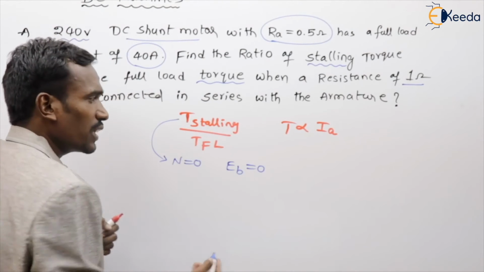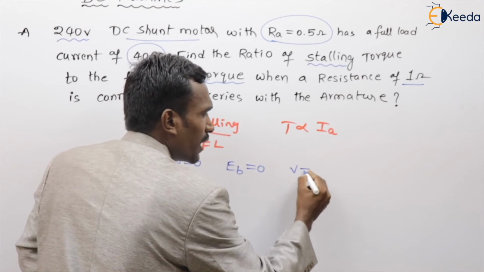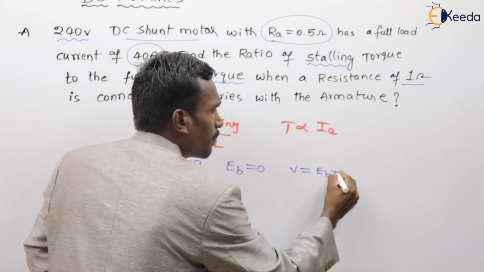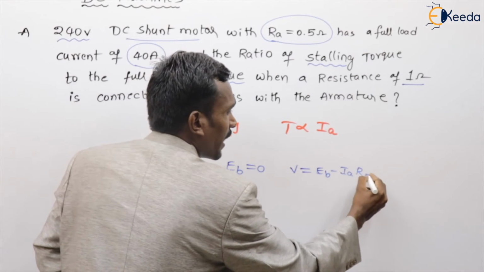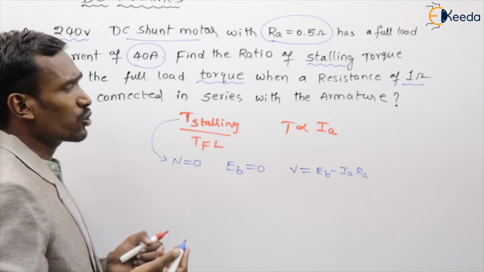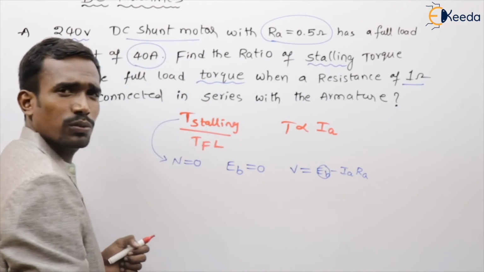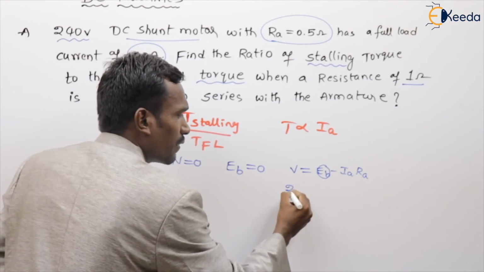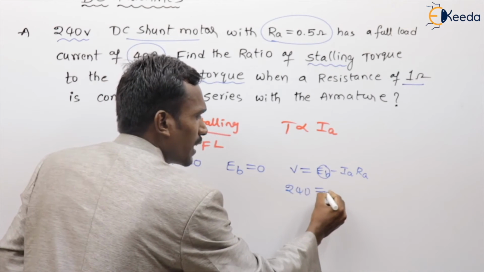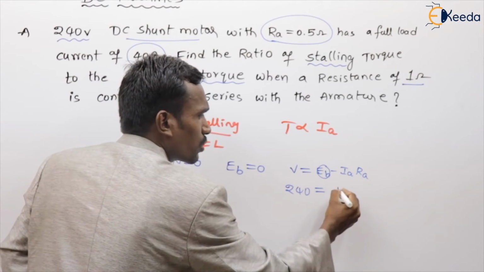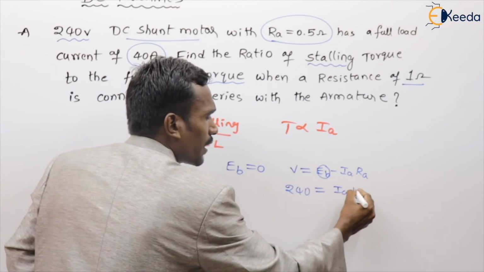If back EMF is 0, then generally V = EB - IA RA, but here EB is 0. So V, they given 240, is equal to IA into RA.